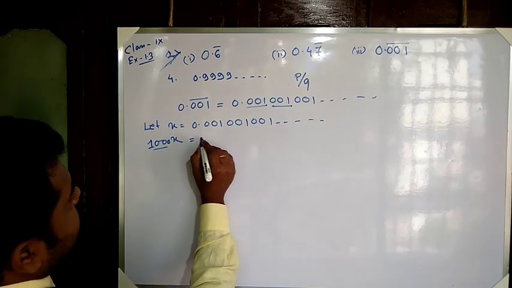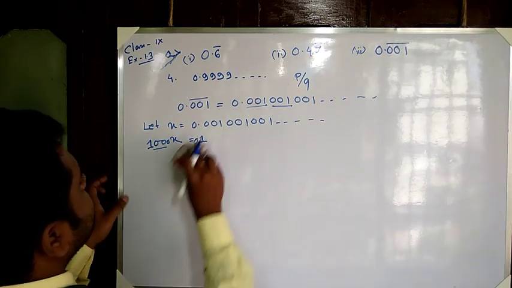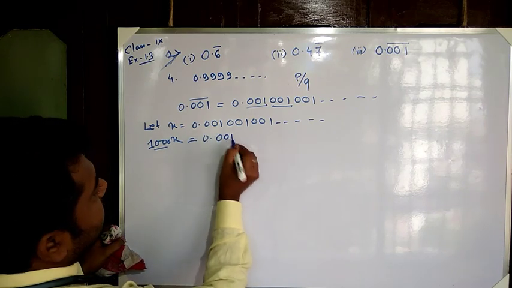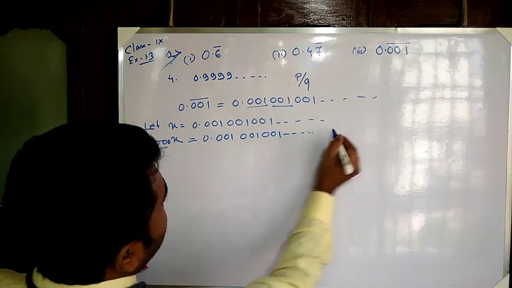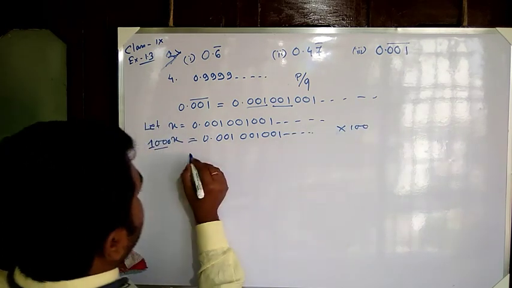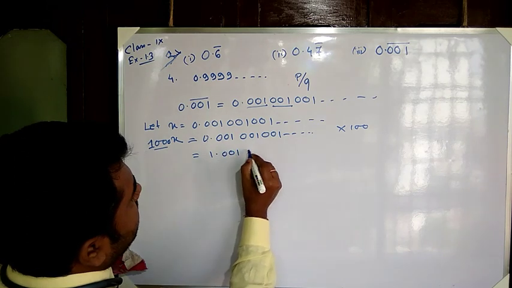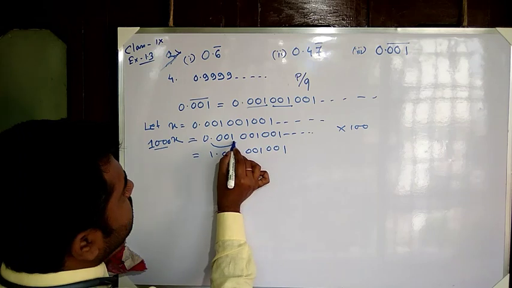If you multiply this, what will you get? 0.001 001 001 multiplied by 1000, ultimately your answer is 1.001 001 001. The point is moving to here.